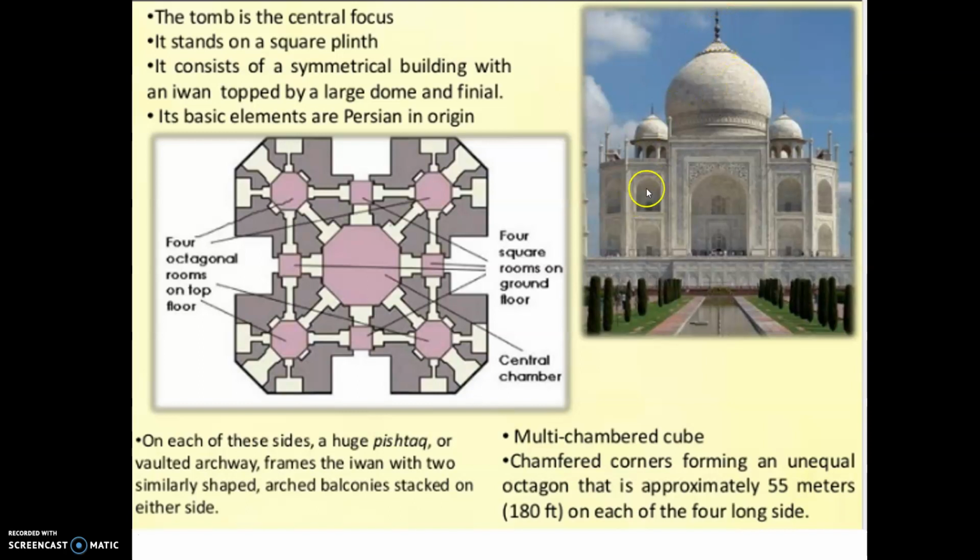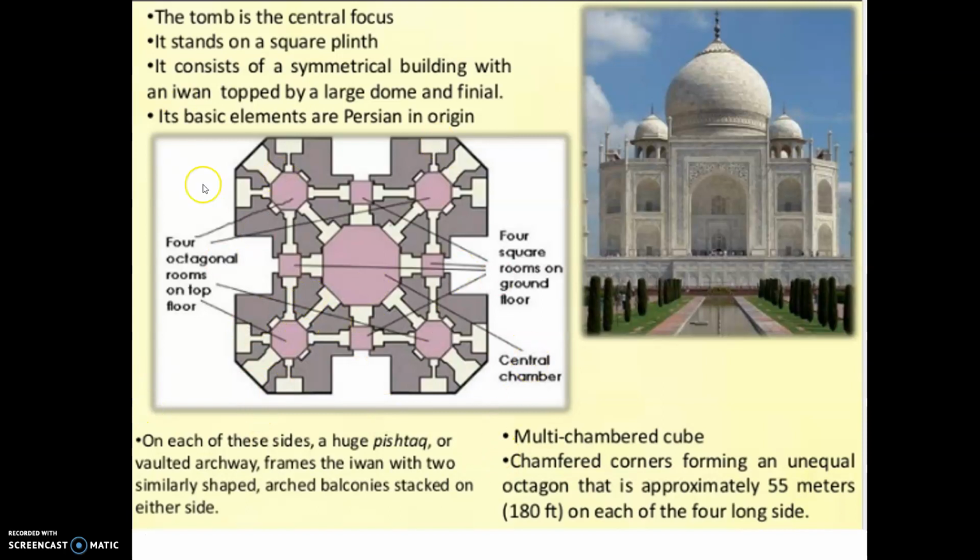Okay, so this is about the exterior, and this central part of the interior is with the domed structure and a finial. There is a multi-chambered cube on the sides, which forms an unequal octagon, approximately 55 meters on each of the four longer sides.